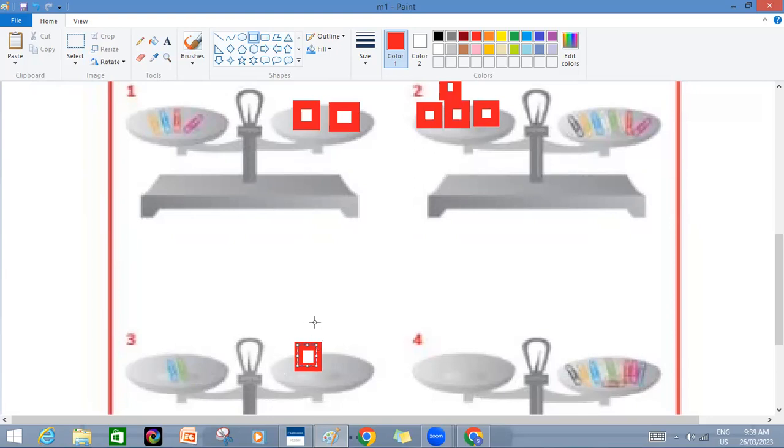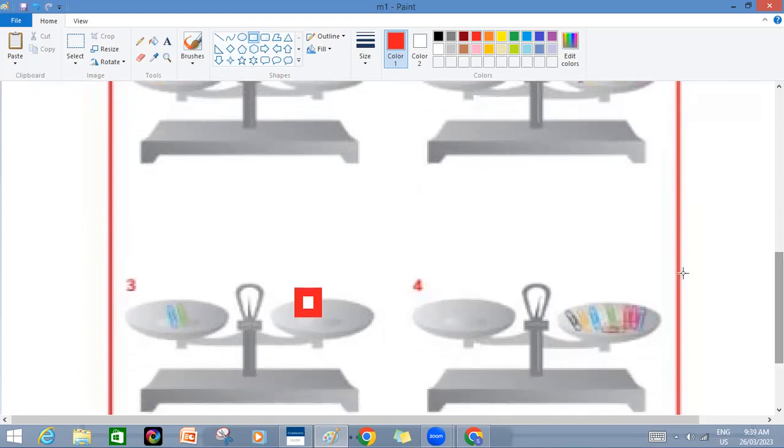We have to equalize the scale. So for 2 paper clips, we are going to make one block.